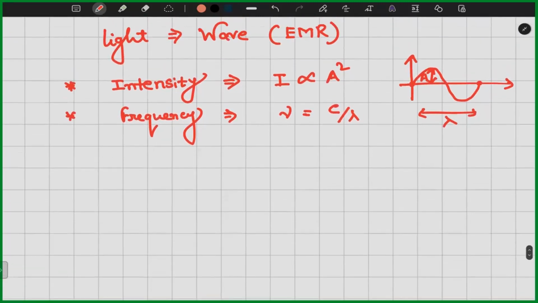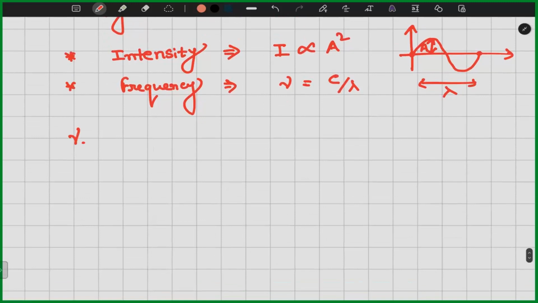Now, if we see our result, there is some threshold frequency. What does it mean? Threshold frequency means that there is a certain value of frequency, nu0. If nu is less than nu0, then there is no photoelectric current.